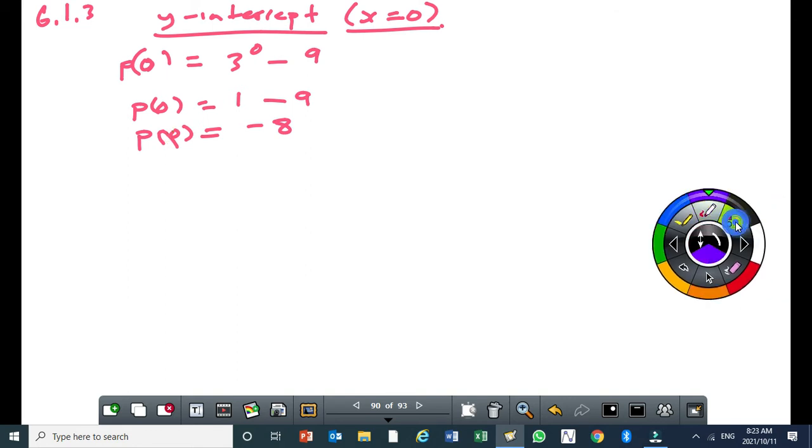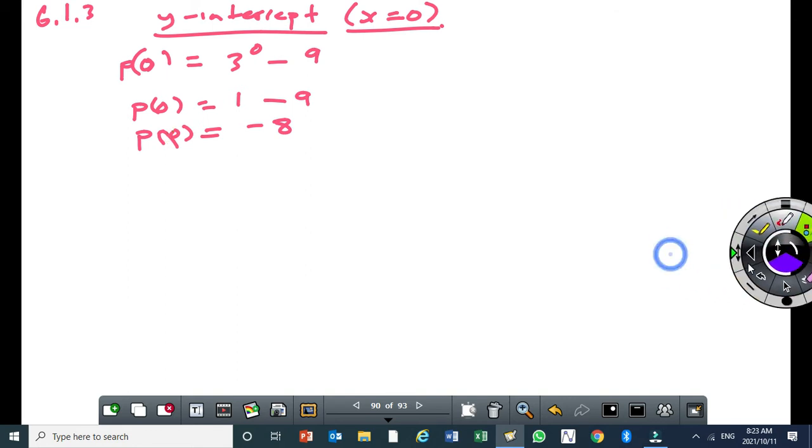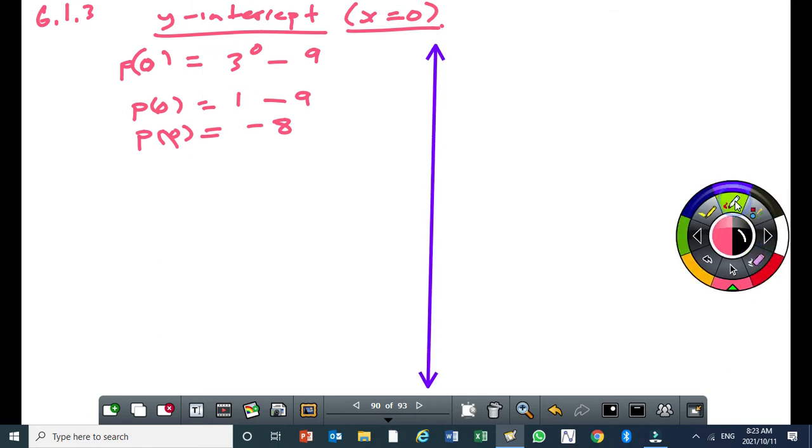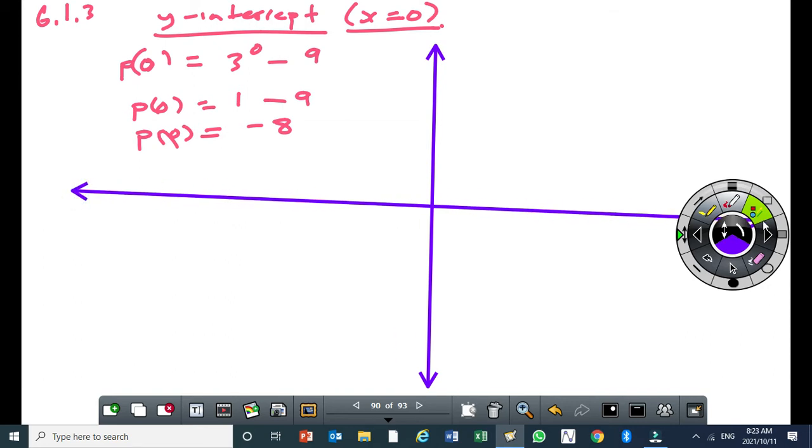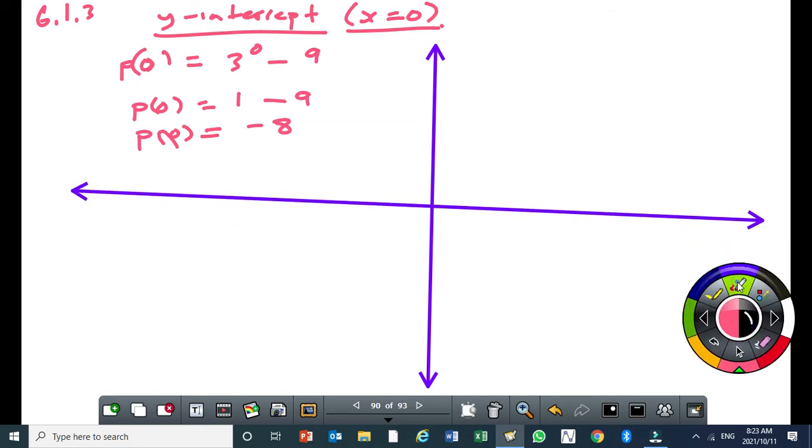So let me sketch now. Minus 8 is somewhere right at the bottom. So let's say that is positive 2, negative 2, negative 4, negative 6, negative 8.